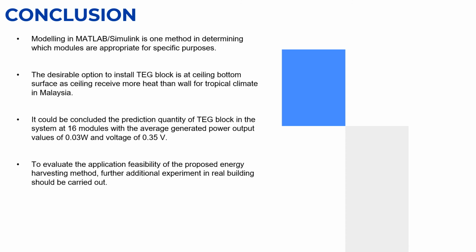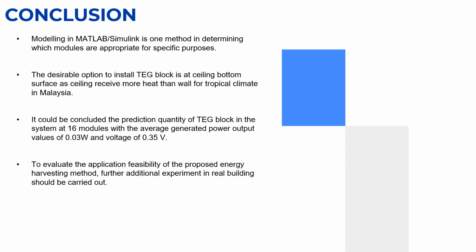According to Bune in 2020, when installing the TEG block, the most important element to consider is whether the location is well heated during the day and well cooled by the atmosphere at night. It could be concluded that the predicted quantity of TEG blocks in the system is 60 modules, with an average generated power output of 0.03 watts and a voltage of 0.35 volts.